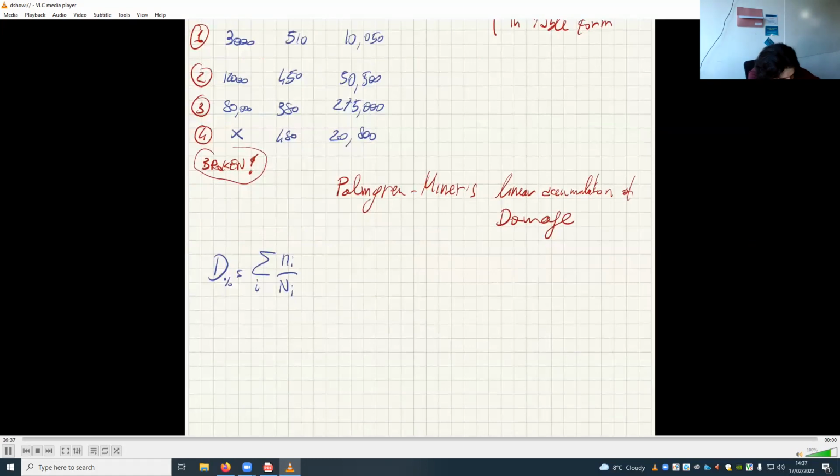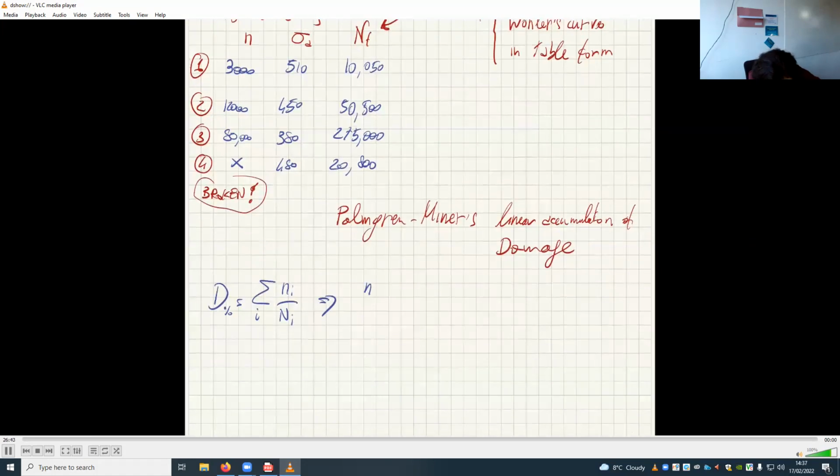So again, two ways of doing this. You either expand this to say n1 over capital N1 plus n2 over capital N2 plus n3 over capital N3 plus X over capital N4 equals 1. And so you find X because everything else is given.